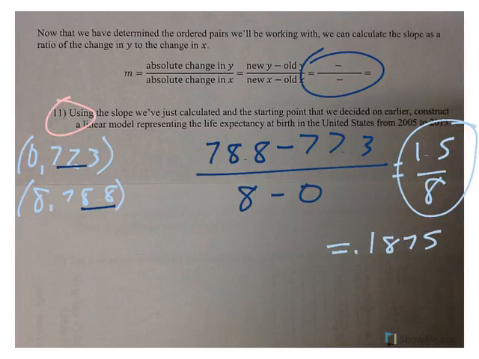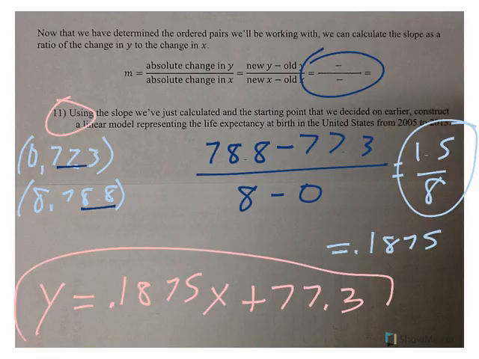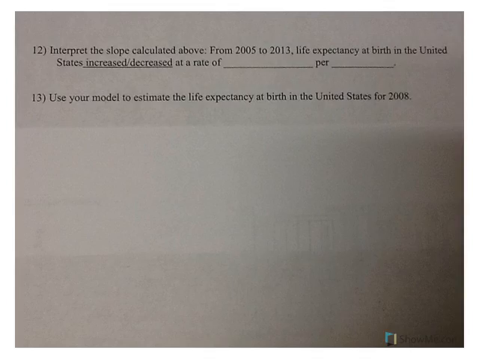Now, number 11, using the slope we calculated and the starting point, construct a model. Your model is y equals slope, and I'm going to use 0.1875 because it'll be easier to solve, times x, plus my y-intercept, which is 77.3. So this is our model if we want to use it for anything.